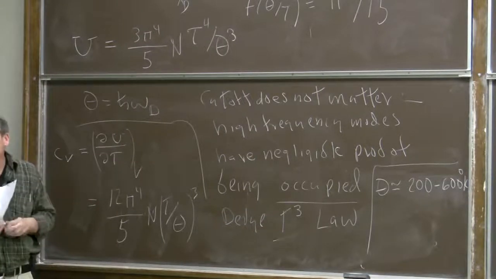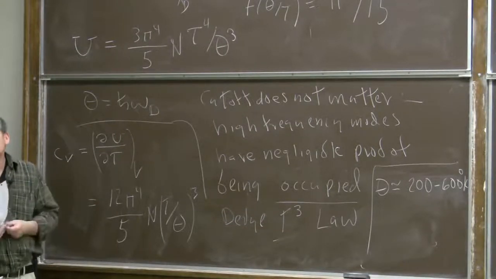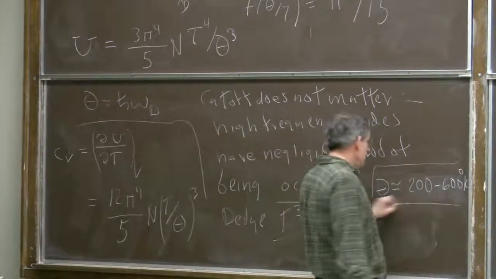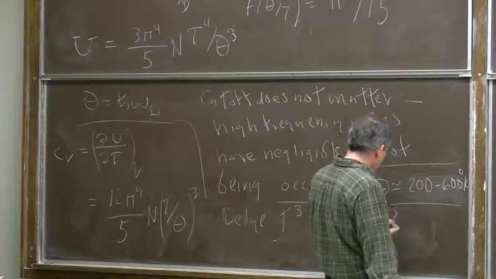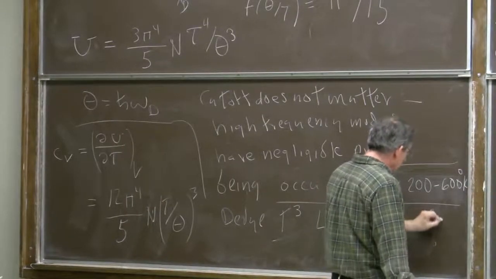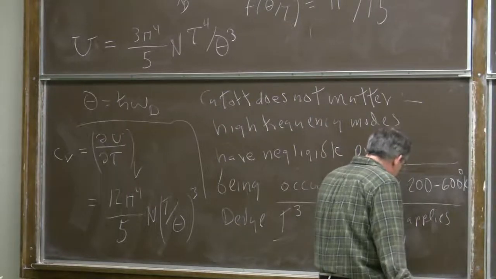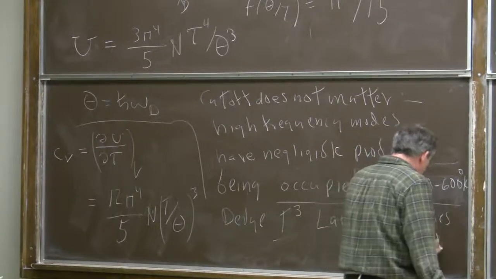So it typically works pretty well at, not at room temperature, but at low enough temperature. So the T cubed law applies for temperatures comparable to 100 degrees K.